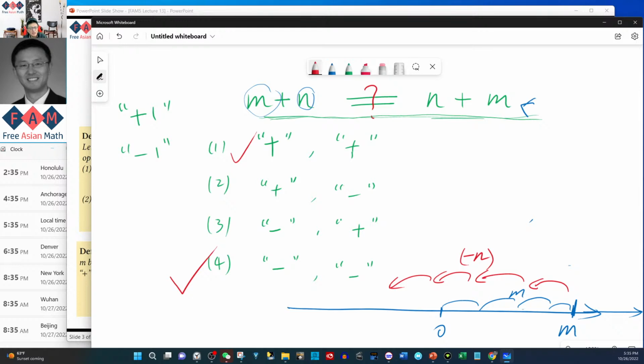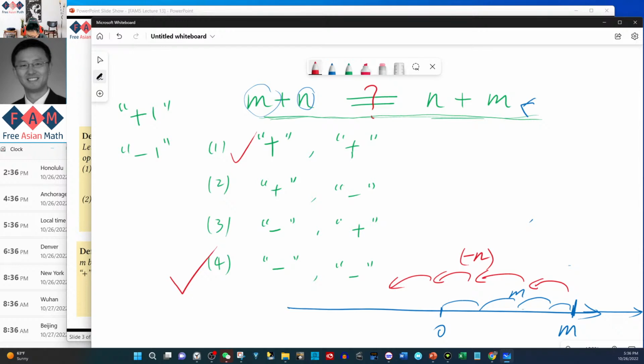As long as you need to go to the right and then go to the left, those numbers do not change. It doesn't matter whether you go to the left first or go to the right first. That's intuitively very obvious. But once again, this is not a rigorous proof.